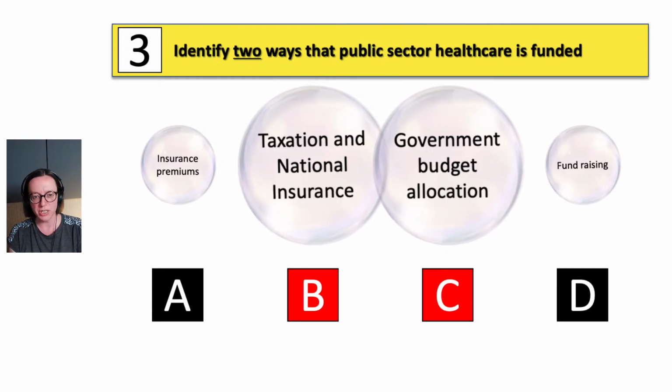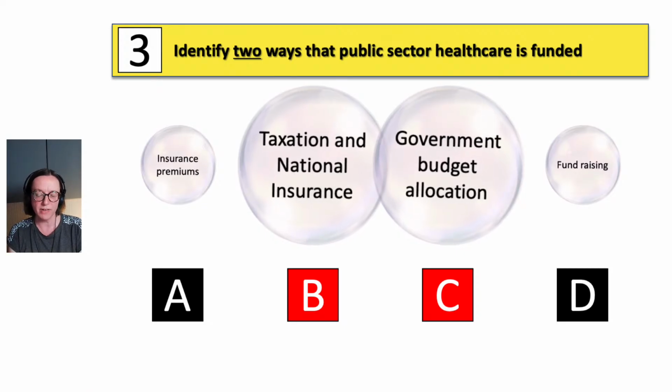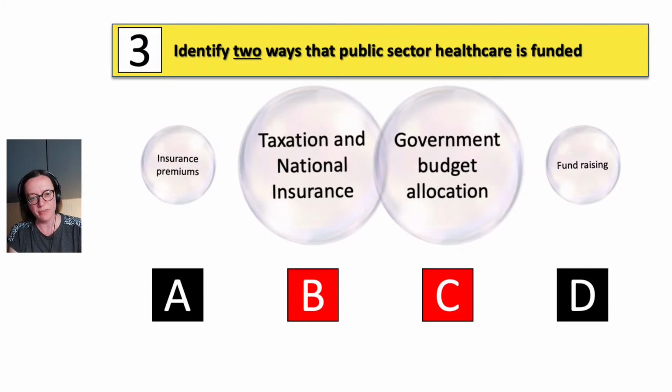So you can purchase private healthcare insurance, and then you pay an annual or a monthly premium for that. And then if you need to make a claim, you can make a claim. Yep, someone said A is private, yep. And then D, fundraising is one of the ways that the third sector or the voluntary sector is funded. Yep, great, thank you, Libby. Brilliant.